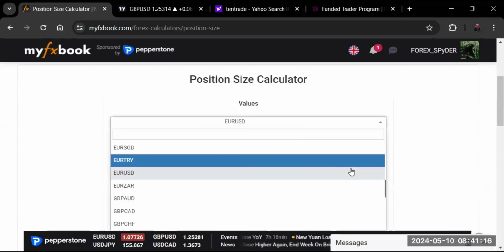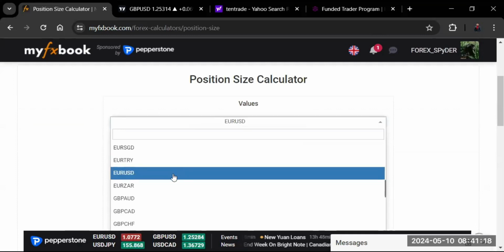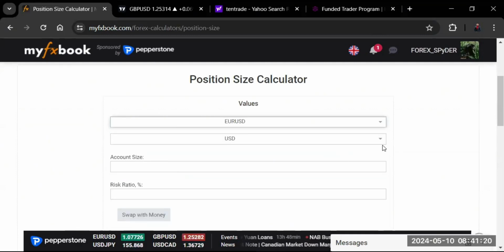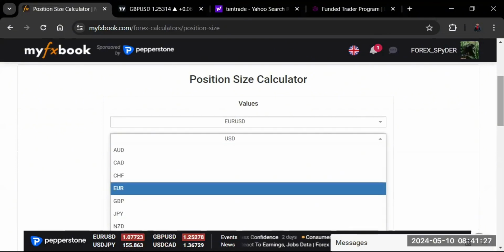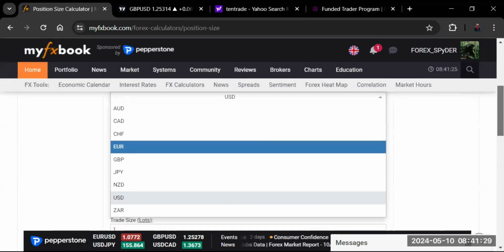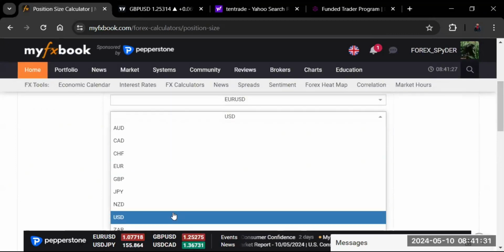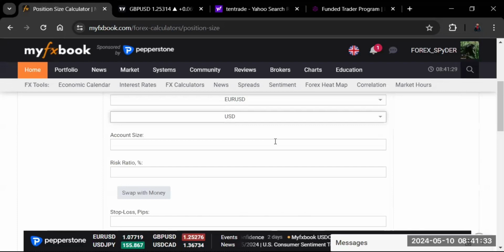Okay, we have so many currency pairs here, so let's put it on EUR/USD, and then you are going to select your account currency. Okay, the currency that your trading account is in. They have so many currencies right here. Okay, my account is in US dollar, so I'll put it in US dollar.